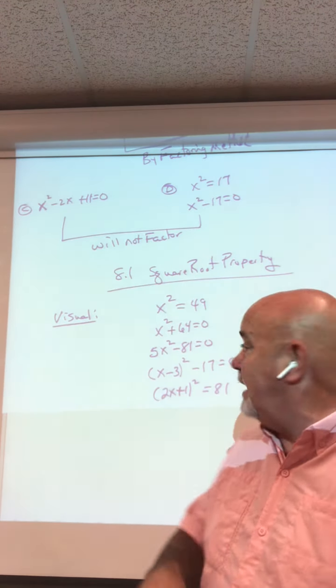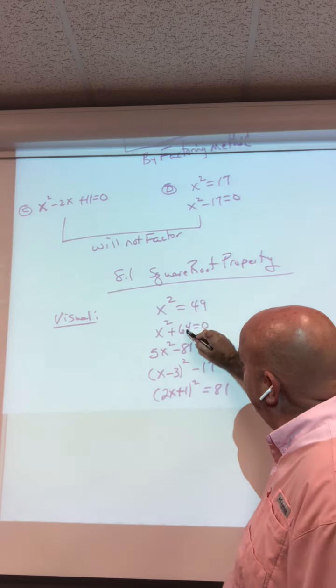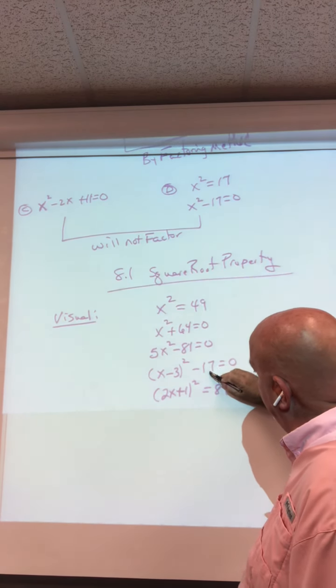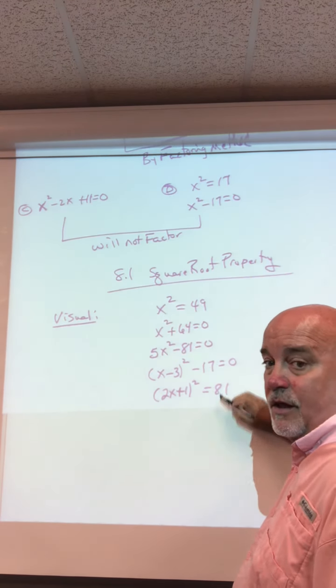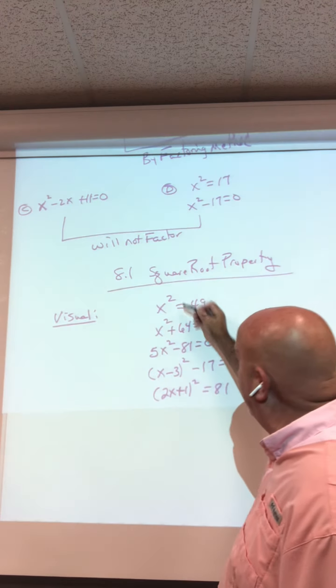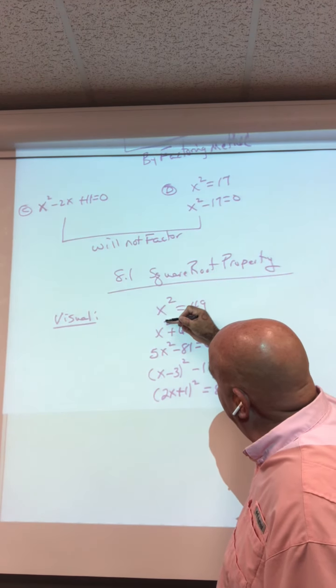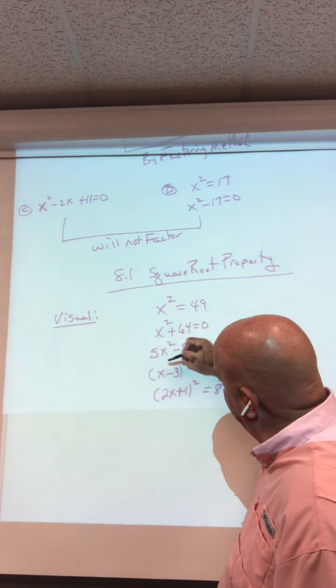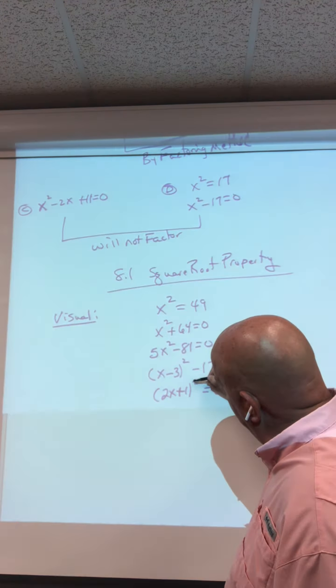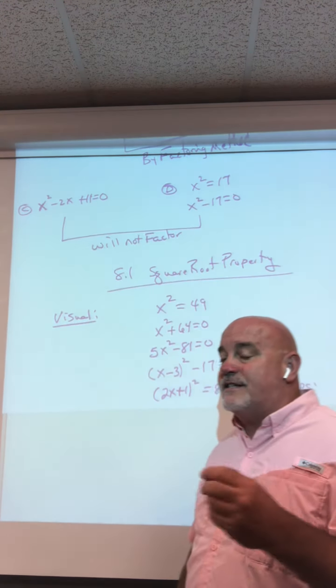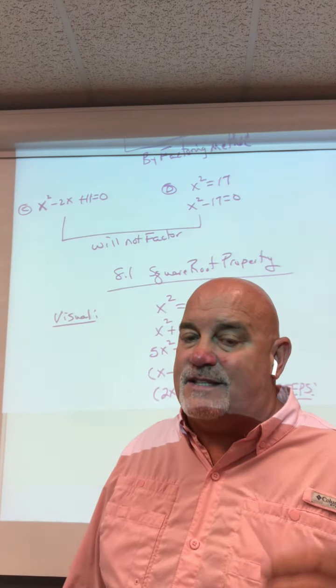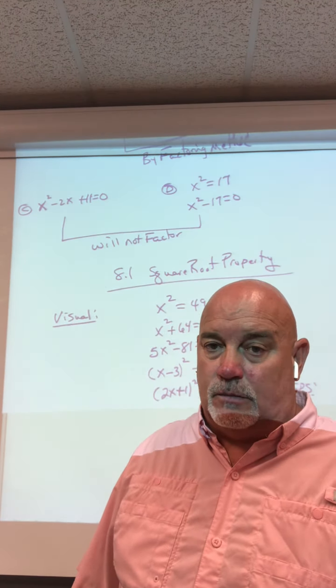One of them is your constant term. Constant, constant, constant, constant, constant. The other one is your squared term. Squared term, squared term, squared term, squared term. Now notice I said squared term. I didn't say x squared term.